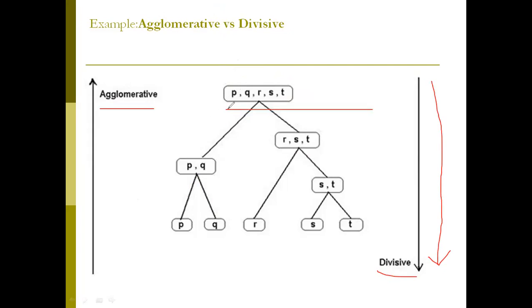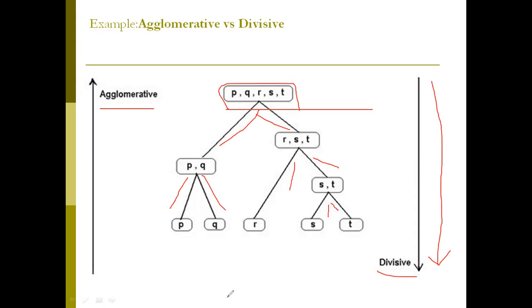After that, we divide the data points into groups based on their dissimilarities, not similarities. Then P and Q are divided into two groups, R, S, T is divided into two groups, and finally S, T is divided into two groups.